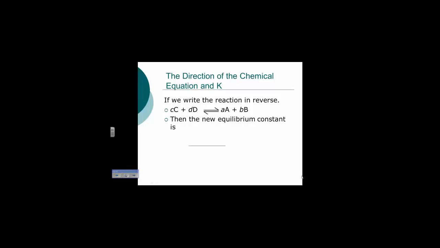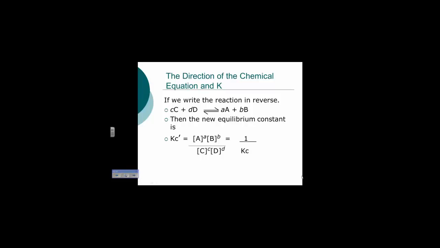You flip the direction, we really are changing the K constant. So this new equilibrium constant is now going to be called Kc prime. The product over reactants is now the reciprocal of the original K constant. If you flip the direction, you take the reciprocal of the original K constant.